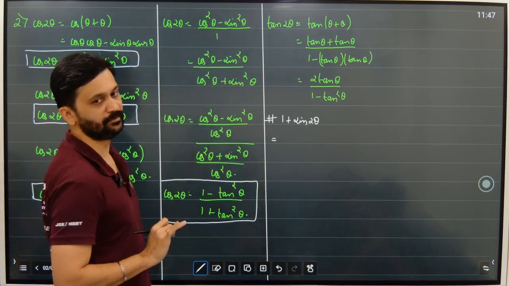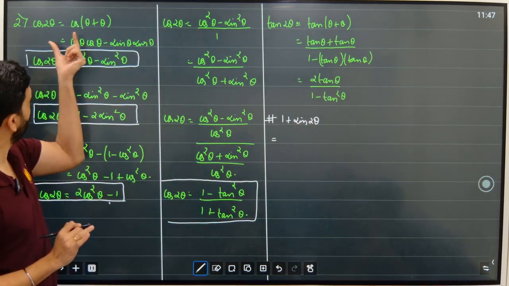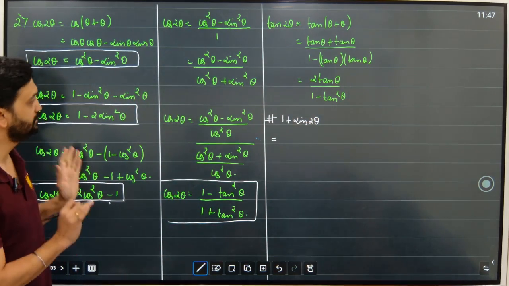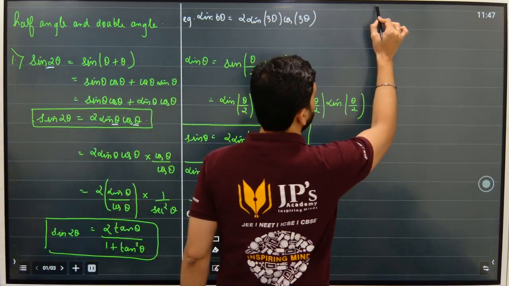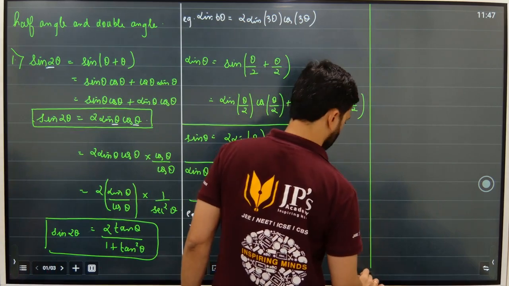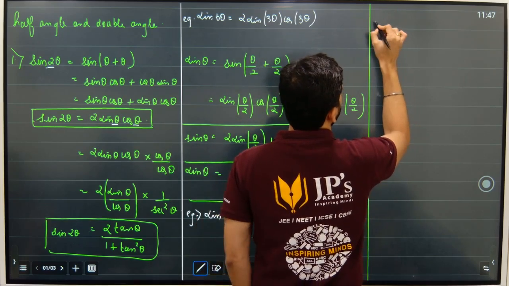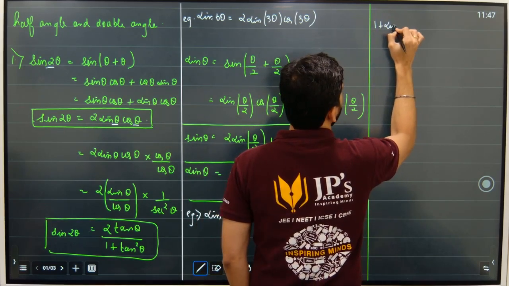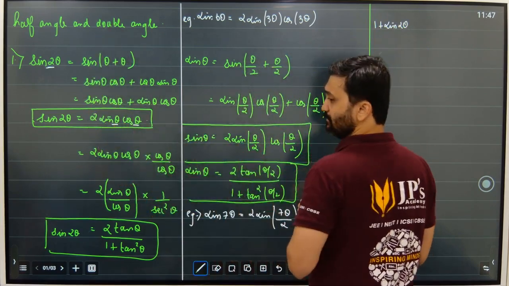Okay. Out of this I have been given this formula, 1 plus sin theta. Let's write it here. How can I simplify this? 1 plus sin 2 theta. I have the formula for sin 2 theta.